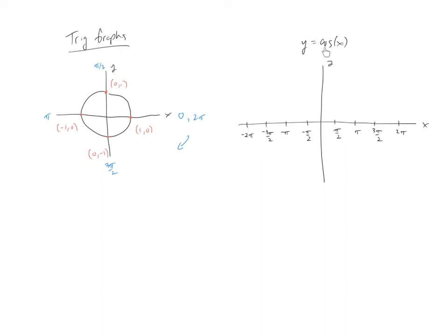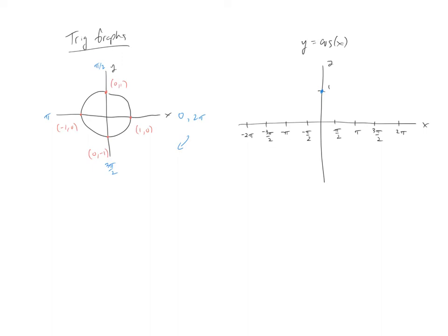If I take cosine of 0, cosine on the unit circle is the x coordinate, so cosine of 0 is 1. So I have a point right here. Continuing on, cosine of pi over 2.